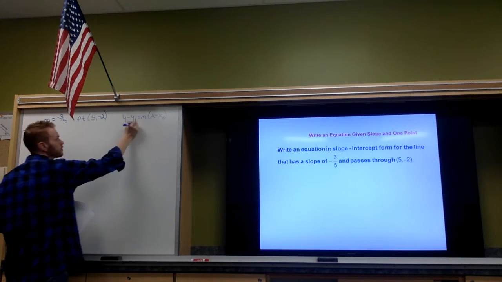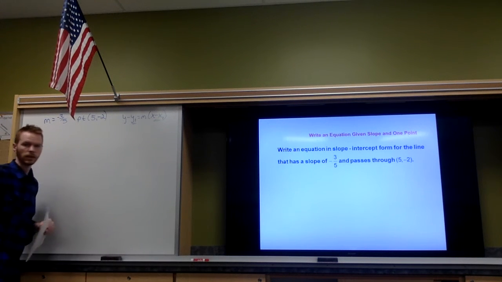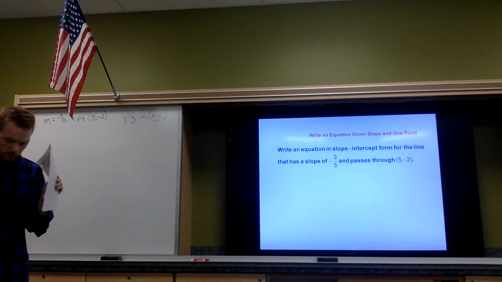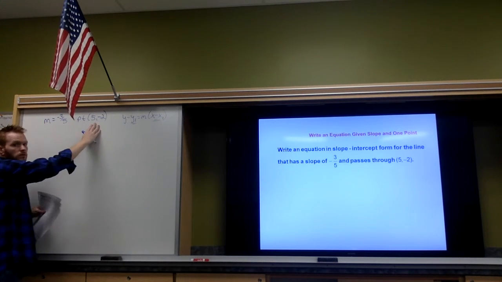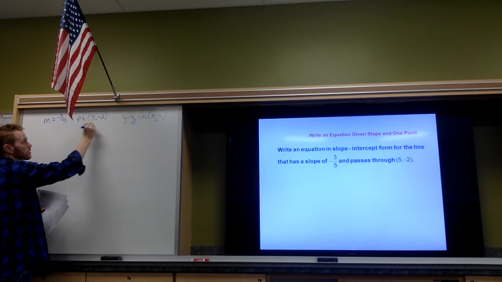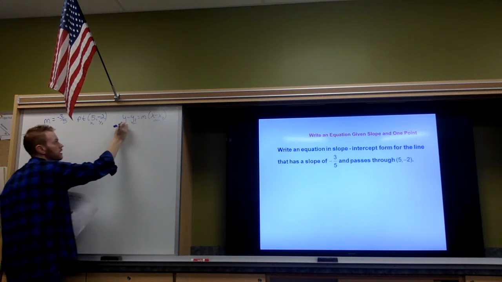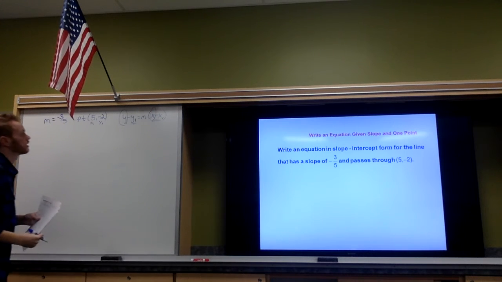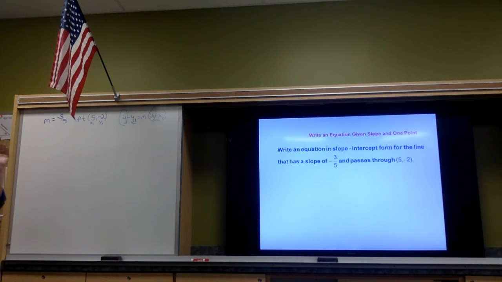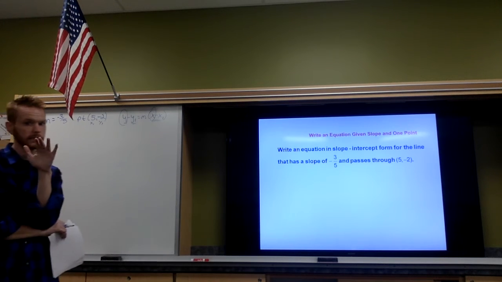The y sub 1 and the x sub 1, those two values in particular come from the point that you select. This is x sub 1, this is y sub 1. Now, the two variables, y and x, stay the way they are. You don't plug anything into them. We only need one point, that's it.